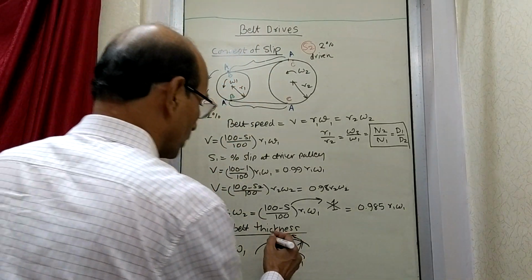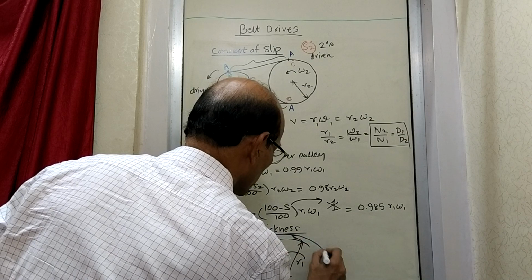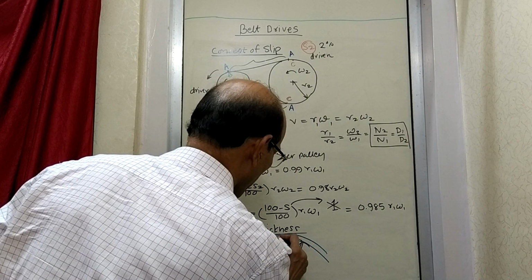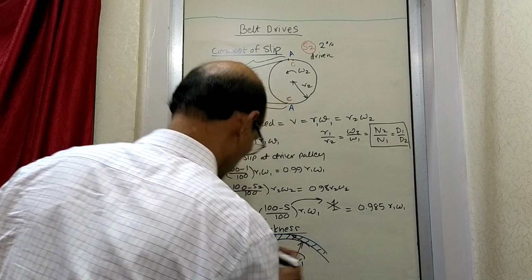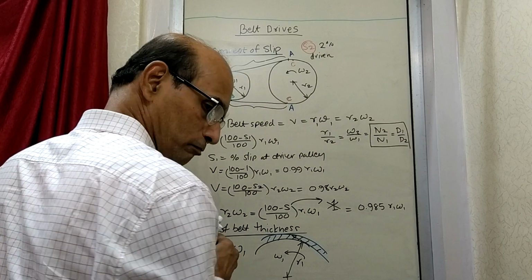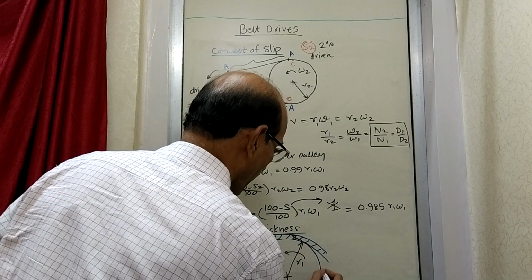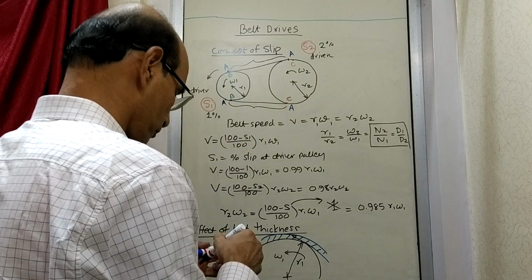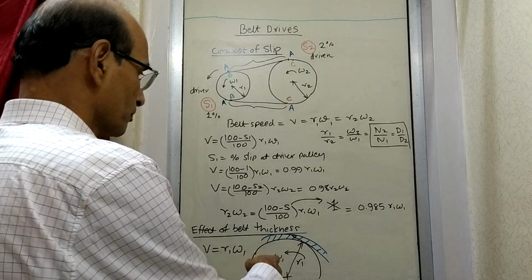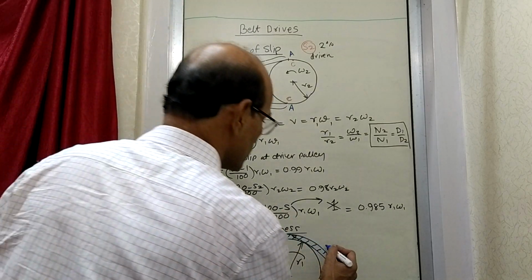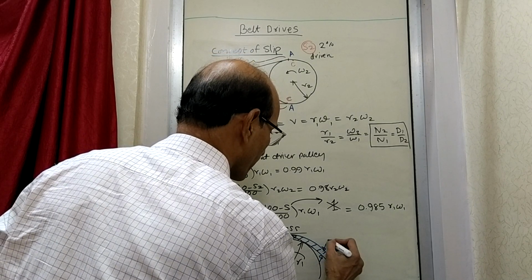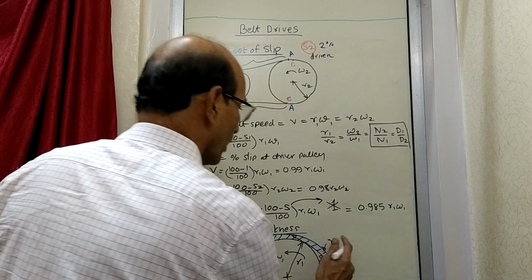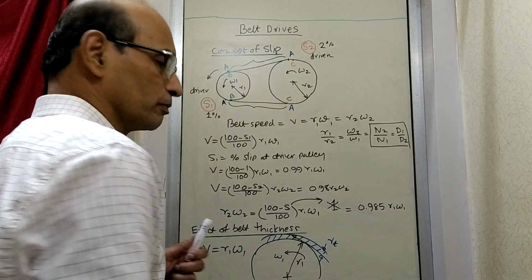But in reality, suppose I draw the belt, then this will be the belt. And this is the pulley. So now what happens? Suppose this is the thickness of the belt. RT is the thickness of the belt.